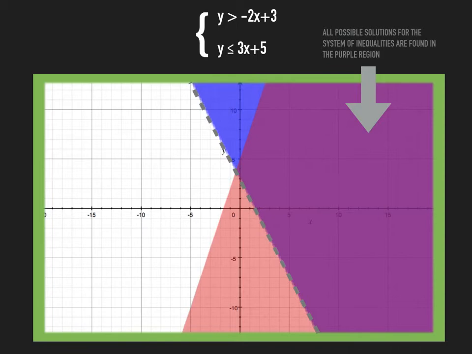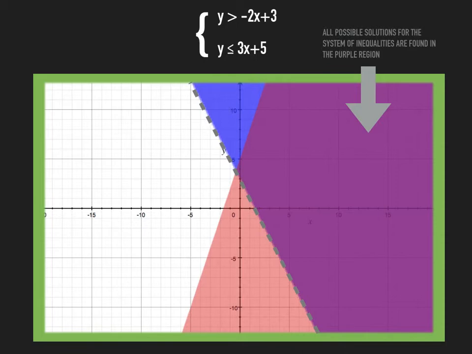So once again, in the online learning center, I think they make them gray. I made mine blue and red so that you could see where they overlap. So once again, all our possible solutions are that purple region, or the region that is double shaded. The blue region is only coordinate points that'll work in our top equation.